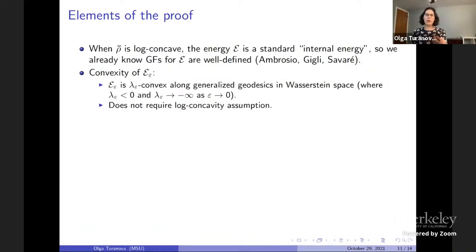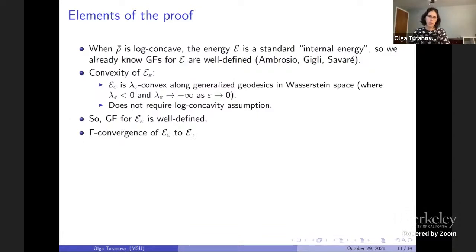And notice that this result doesn't require the log concavity assumption, which is kind of cool. So from bullet point number 2, we conclude that gradient flows for E epsilon are well defined. Then we show that E epsilon Gamma-converges to the energy E.